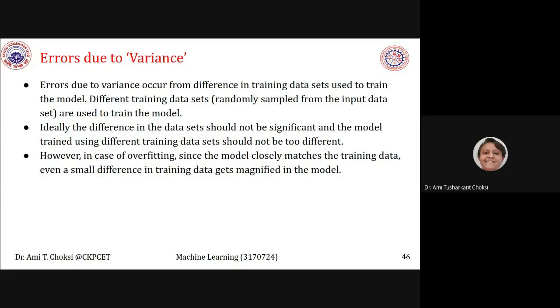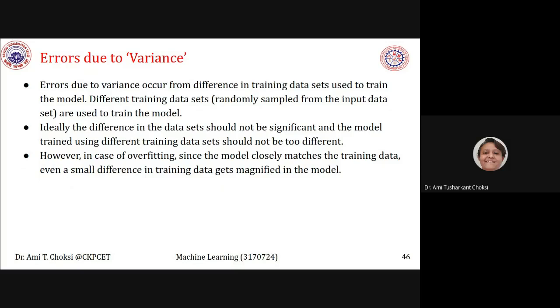Errors due to variance. Errors due to variance occur from differences in the training data sets used to train the model. Different training data sets are used to train the model.